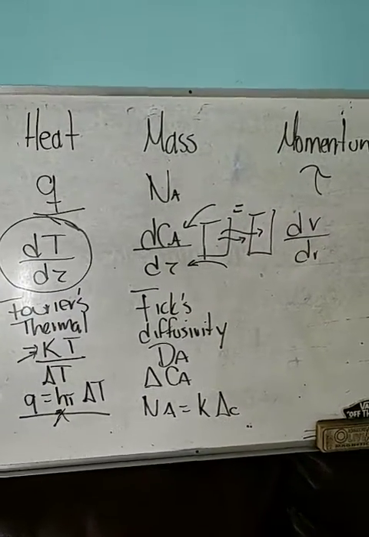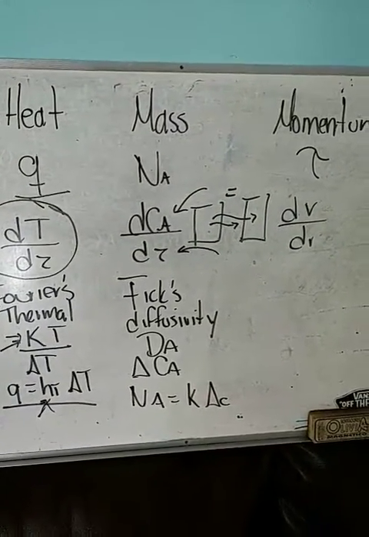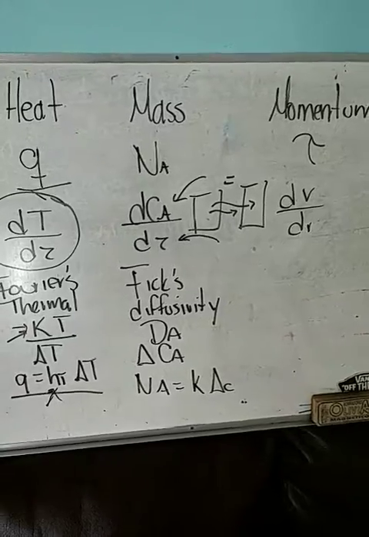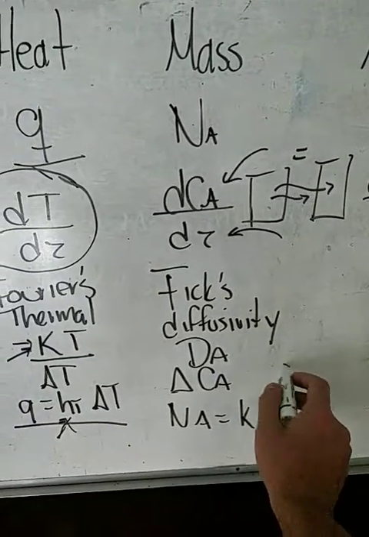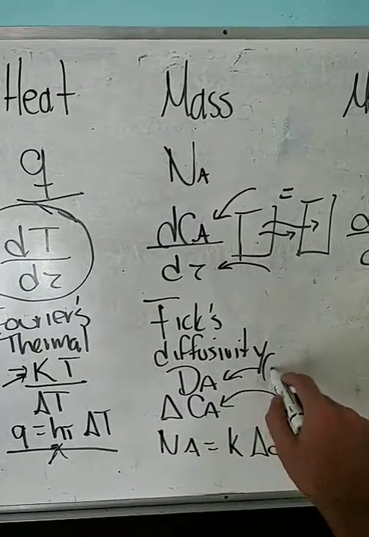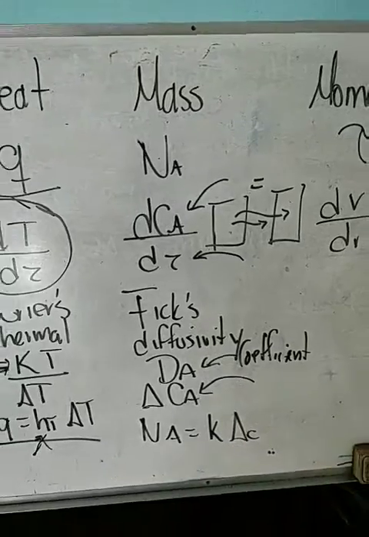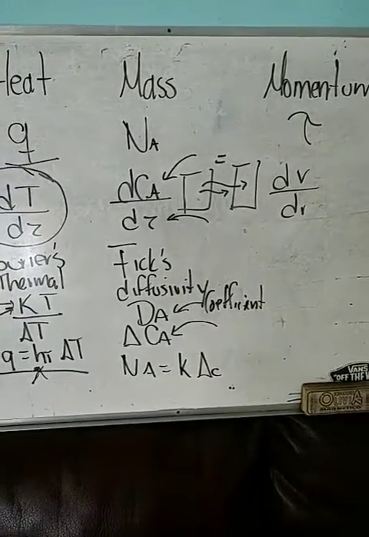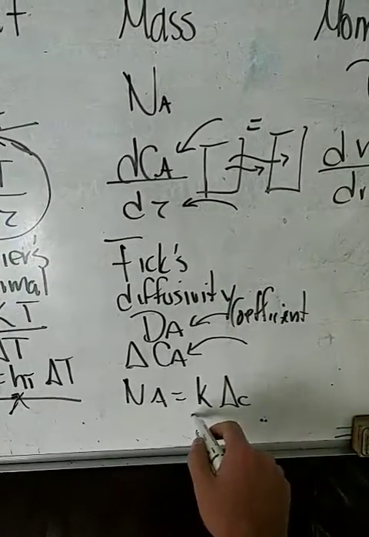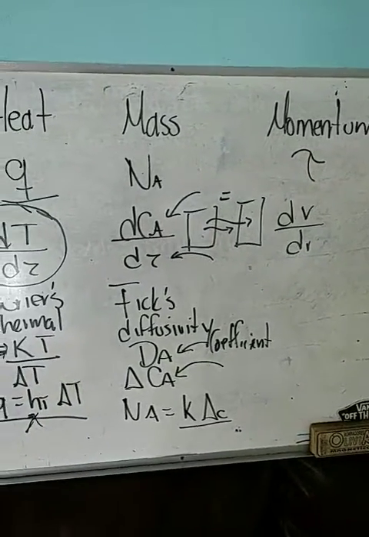This one is referred to as a distance. This one is given by the Fick diffusivity. The important part is the diffusion coefficient, and we have the concentration. I have the first value, the different concentration.